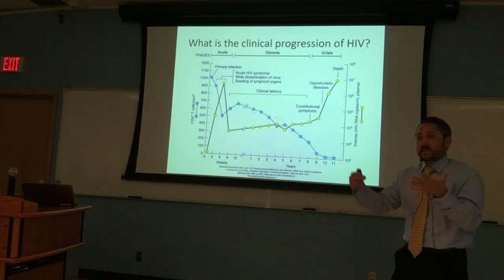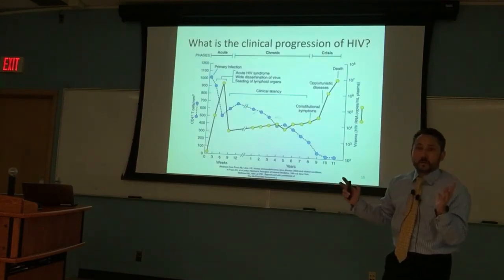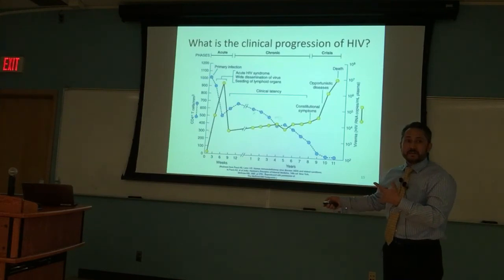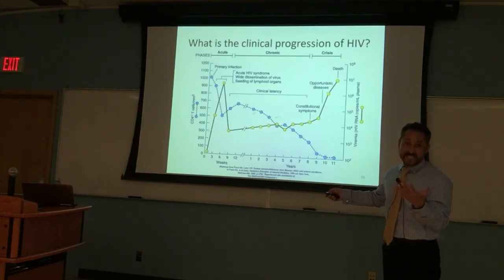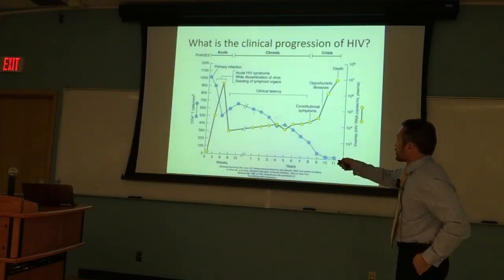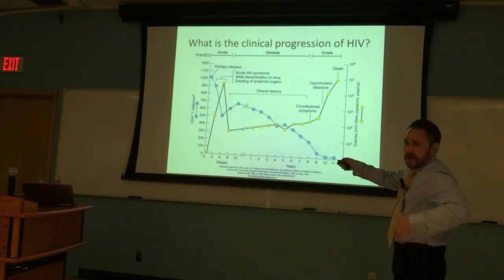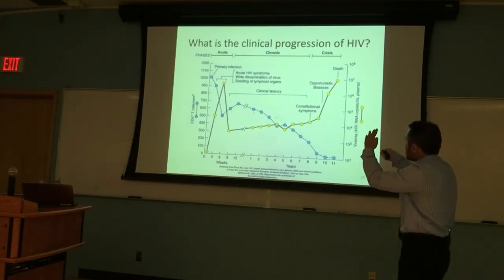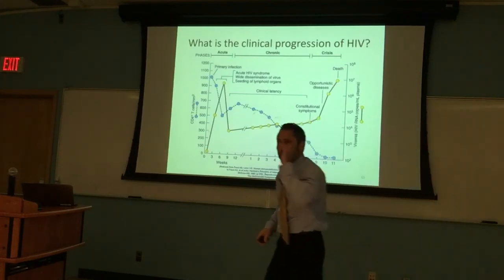So when someone has like a needle puncture in the hospital and they're all worried because of an HIV positive patient, and they go get tested the next day and they are negative, it's like, great, but you probably need to come back in, I would say, at least 6 weeks, if not longer, and get tested a couple of more times. Does that make sense? So the number of copies elevates, it settles down, and eventually in this phase, in the crisis phase, it ramps up.